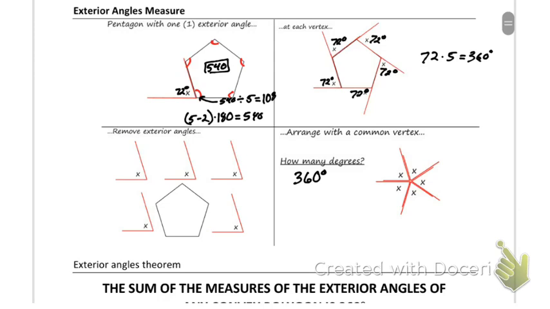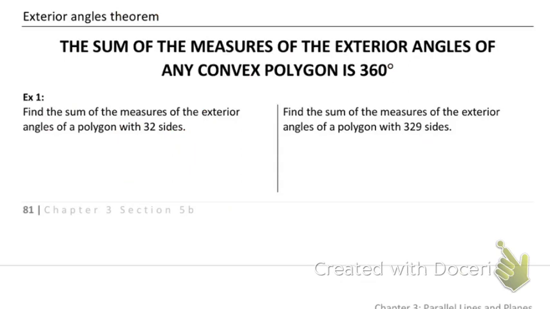In fact, that's where we came up with the exterior angles theorem. The exterior angles theorem says the sum of the measures of the exterior angles of any convex polygon is 360 degrees. So here are our key words: exterior angles, sum, polygon, 360.